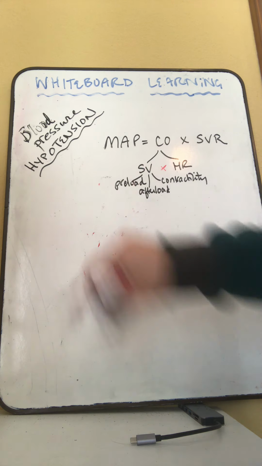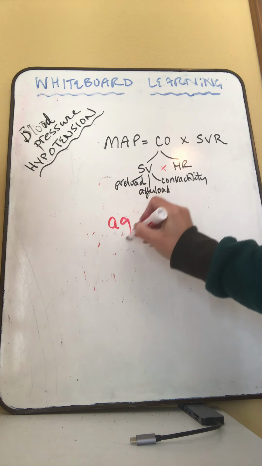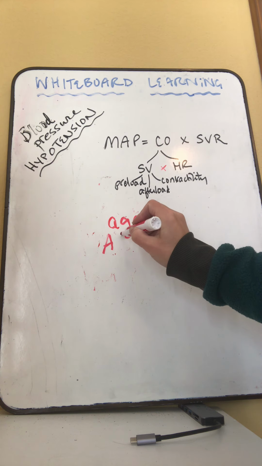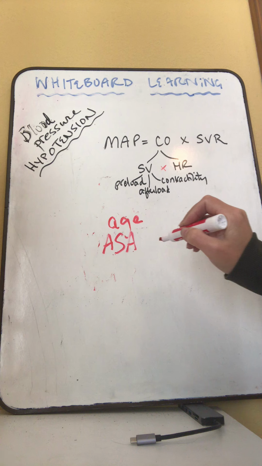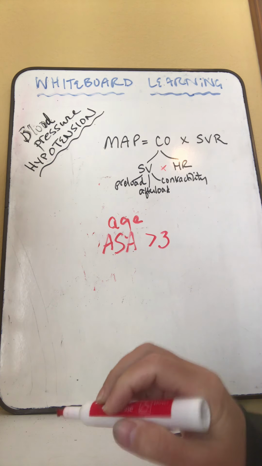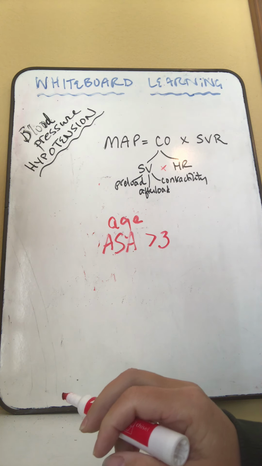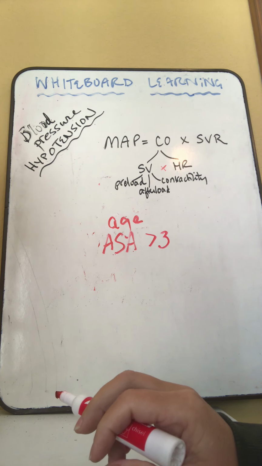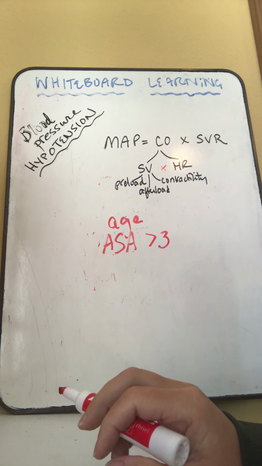So we have age, we have ASA, the American Society of Anesthesiologists classification, so greater than 3. And if you aren't sure what the anesthetic classes are, it's a good time to go back and review them. It's basically putting you on a severity of illness scale. And 1 is like a normal puppy spay type situation.